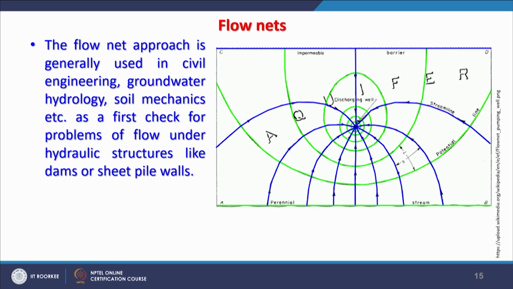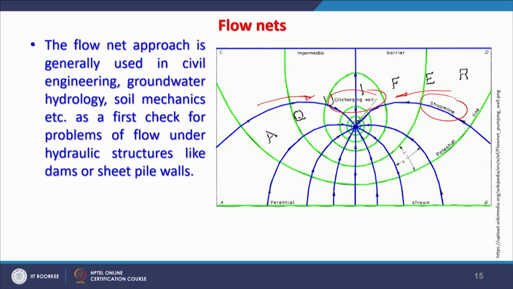These flow lines are shown in blue, and these green lines are the equipotential lines or contour lines which you are seeing. As you can see, these flow lines are moving towards the well. So, if this is the situation, then the well is nothing but a discharging well.